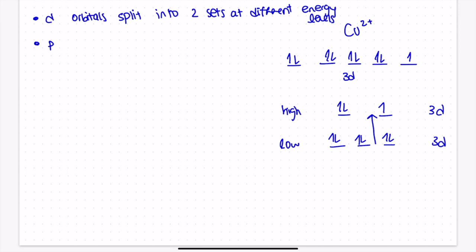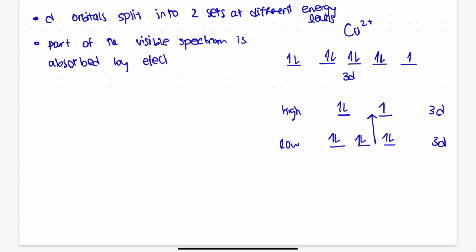We said that a part of the visible spectrum is absorbed by electrons. And then what happens next? We said that electrons move between energy levels, or we can say from a lower to a higher energy level.